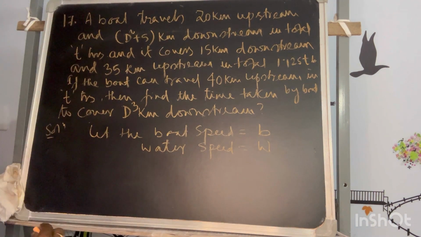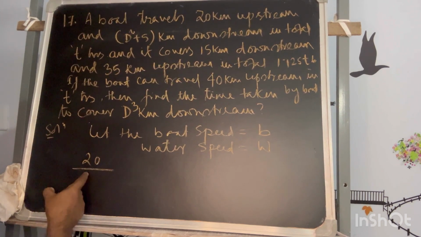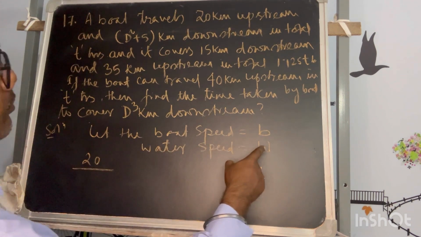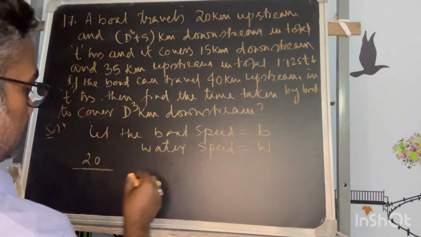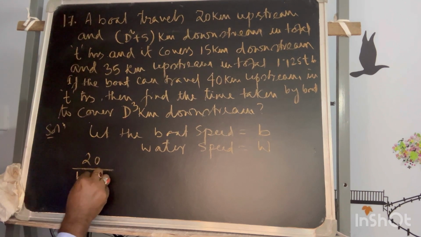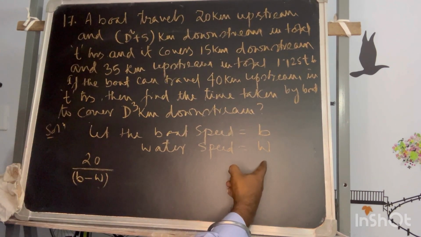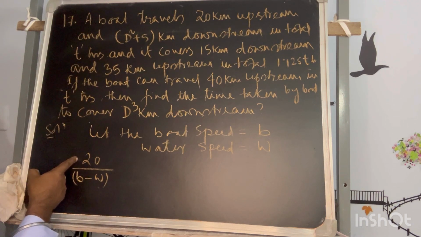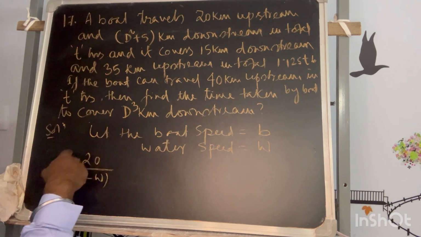Longer time means the speed is less. If the boat is overcoming the speed of the water, the speed to be considered going upstream is the boat speed minus the water speed, because the water is giving resistance, that's why it takes more time.